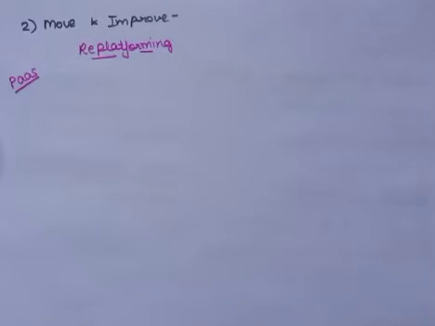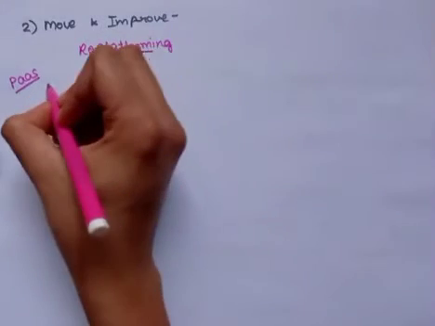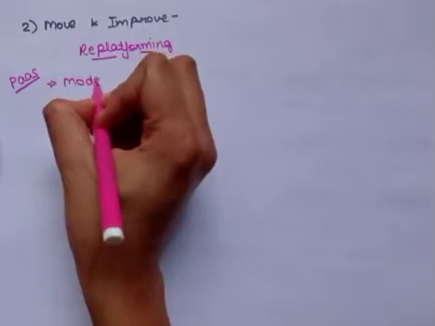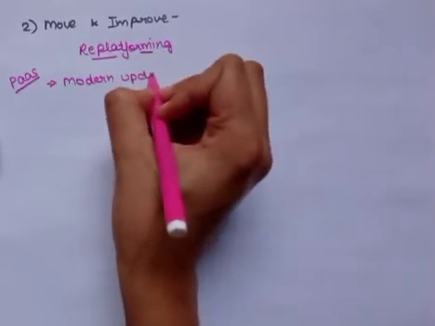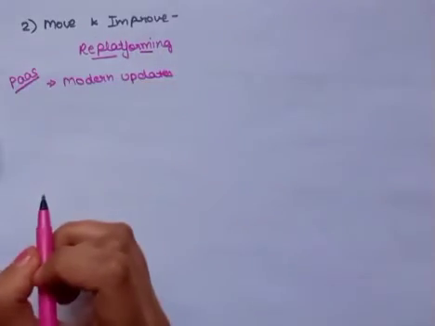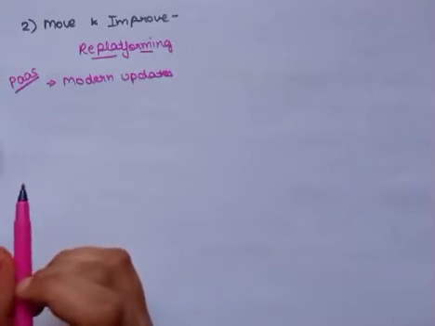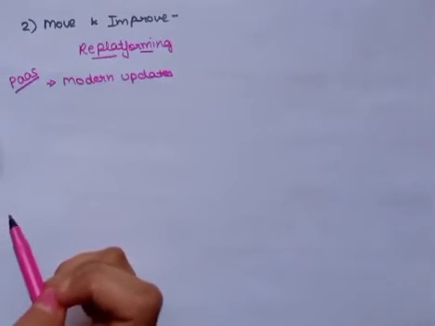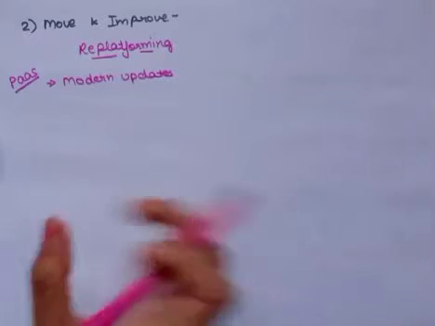So the move and improve approach to migration includes making some modern updates to your application, like introducing scaling or automation without throwing the whole thing out.